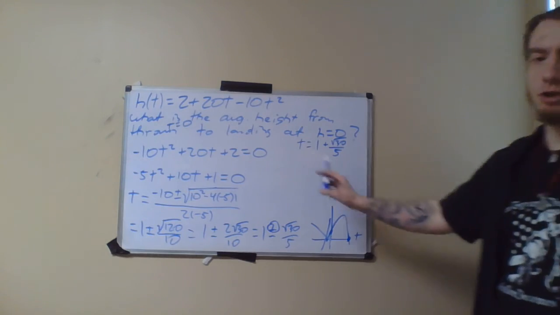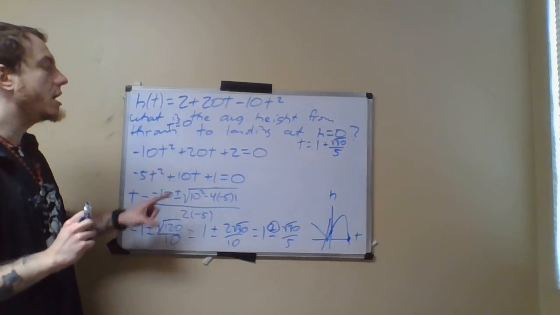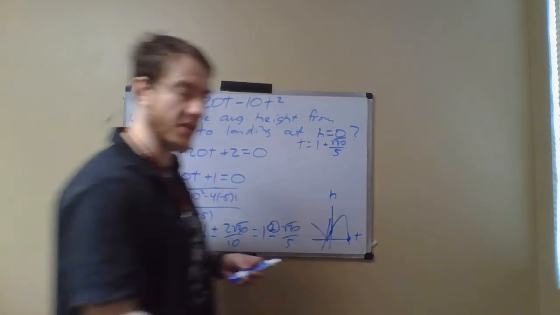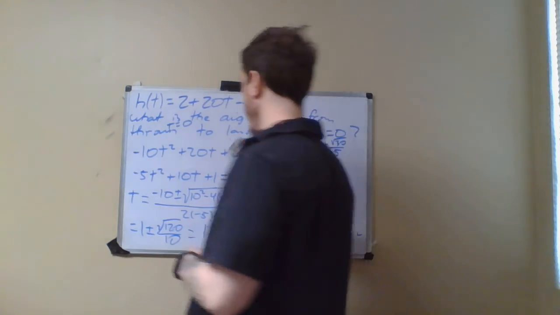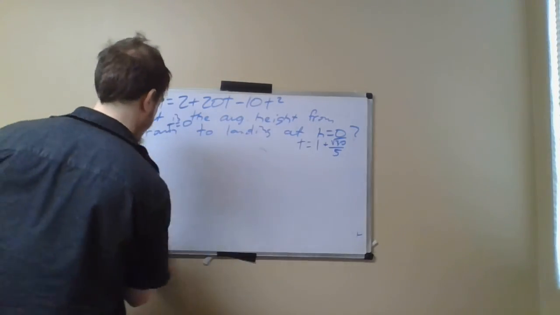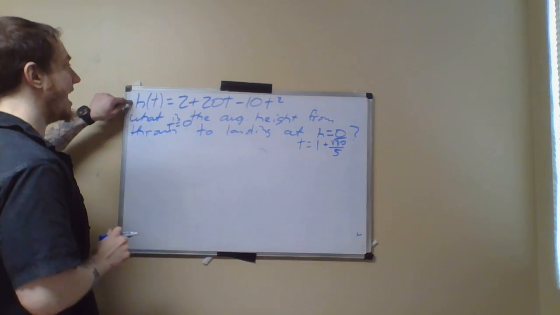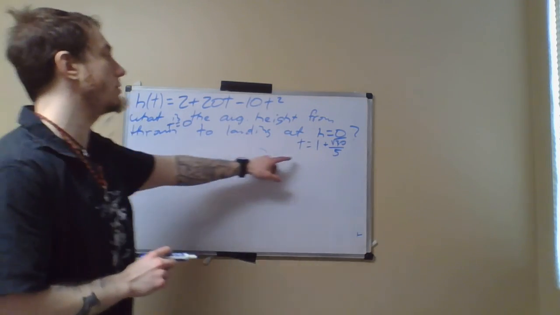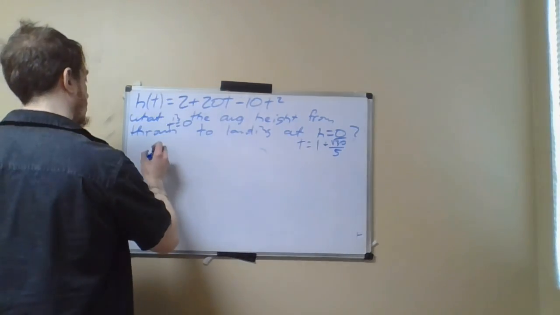Now, make sure that you see what's going on here with this example so far, because I'm going to have to get rid of some of this stuff in order to work out the next bit. So what we're really asking is for the average from t equals 0 to t equals 1 plus square root 30 over 5. So what do we have?